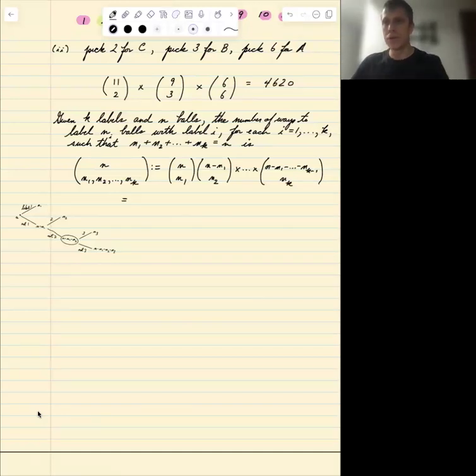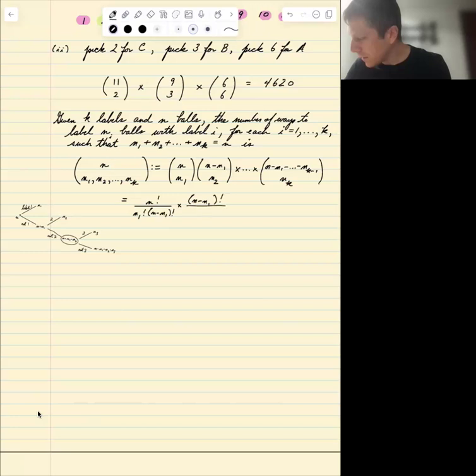So what is n choose n1? N choose n1, remember, is n factorial over n1 factorial, n minus n1 factorial, times n minus n1 choose n2. Well, that's n minus n1 factorial divided by n2 factorial, n minus n1 minus n2 factorial.